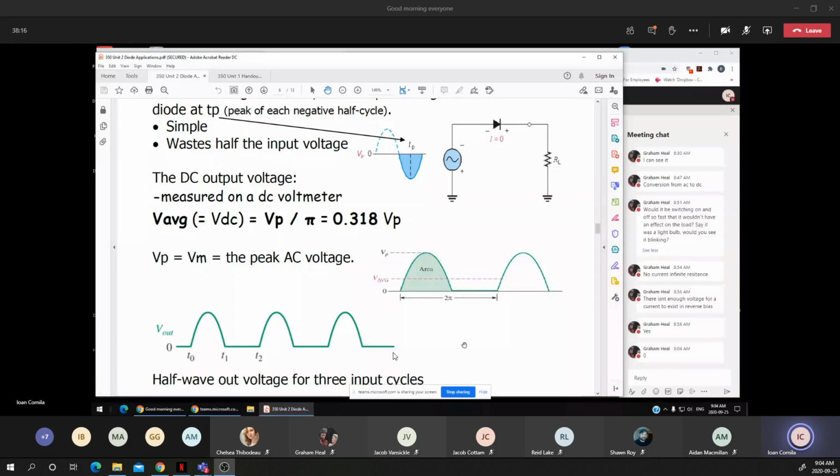That means I have to calculate the area underneath only the positive half of the waveform, and I'm spreading this area over the 2 pi, over the full period of the sine wave.